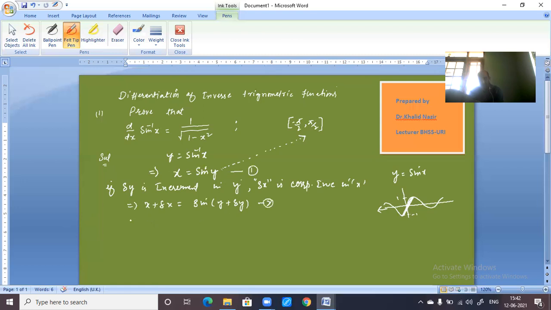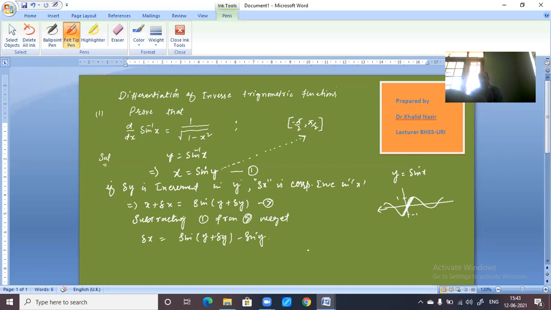We can subtract equation first from second. We get x plus delta of x minus x. So x and x will cancel, so delta of x is equal to sine of y plus delta of y minus sine of y.